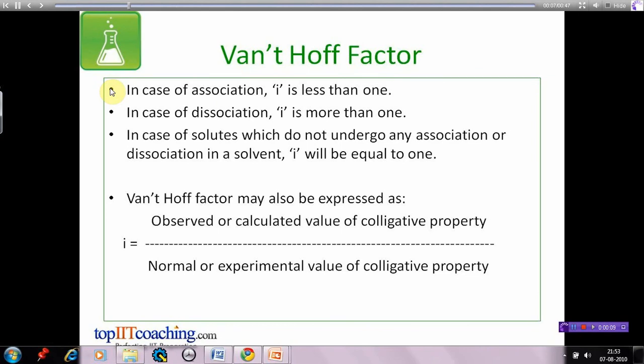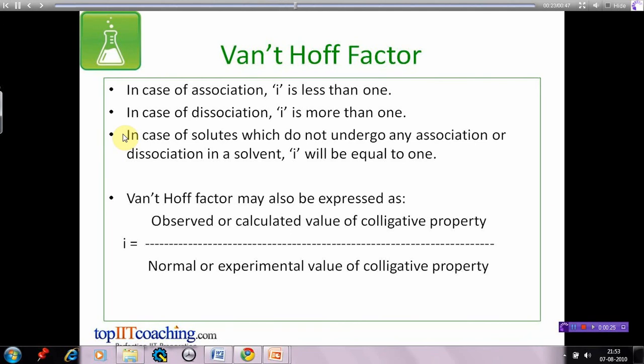In case of association, observed molar mass being more than the normal, the factor i has a value less than 1. But in case of dissociation, the Van 't Hoff factor is more than 1 because the observed molar mass has a lesser value.